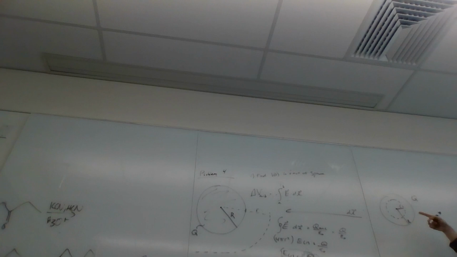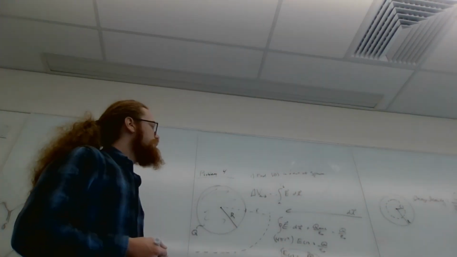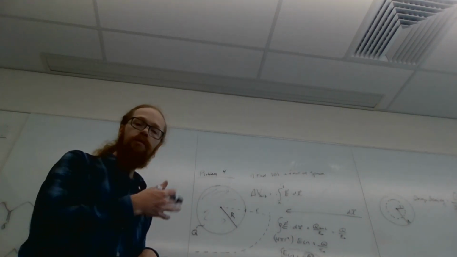So the density of charge, I'm going to call charge density, is Q over the 4/3 pi R cubed volume of our sphere. Do you remember charge density is rho? It's that P.